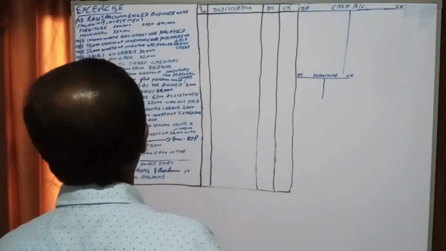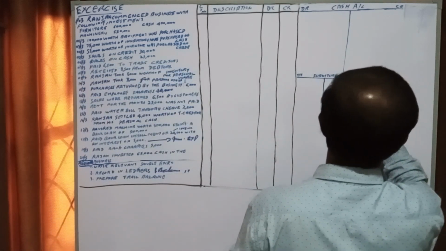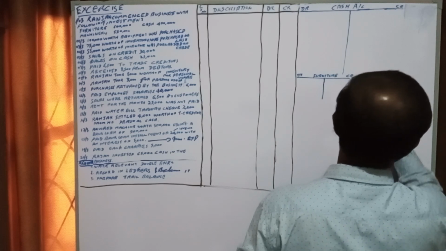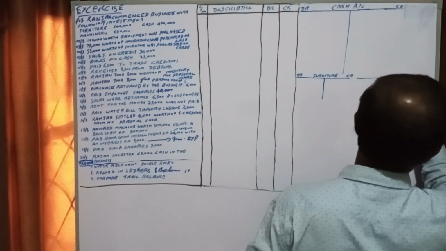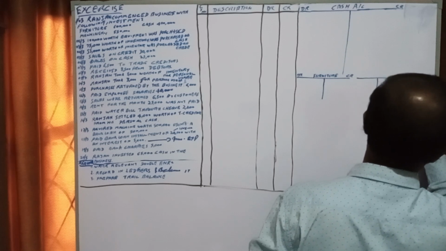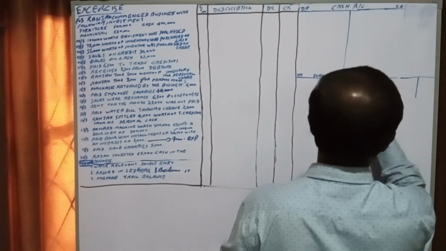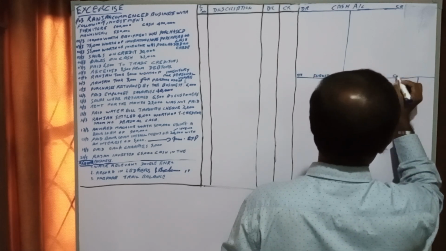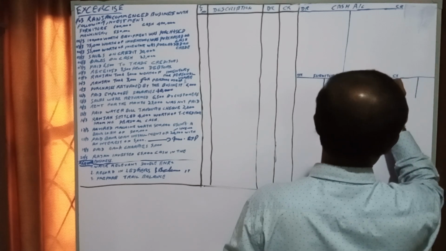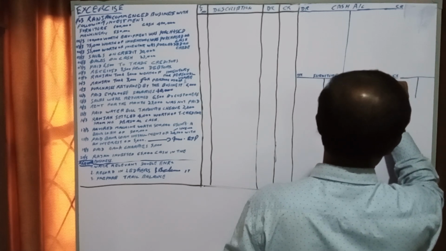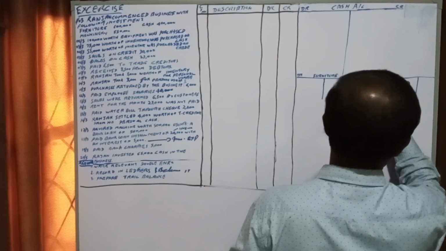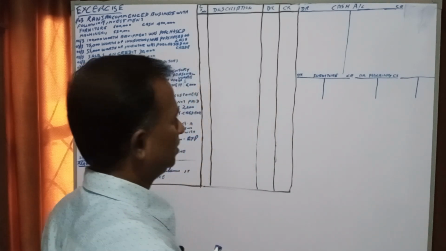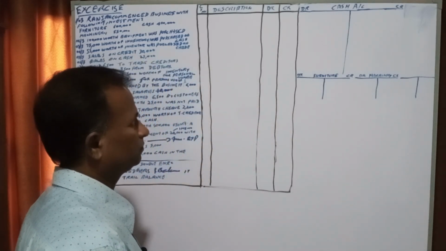Next one is the machinery account, debit and credit.